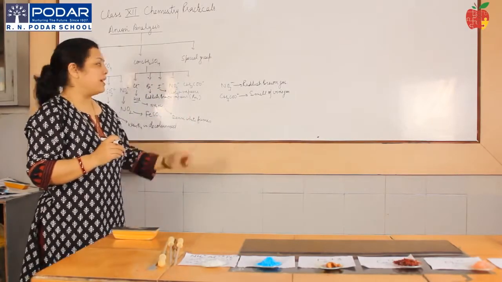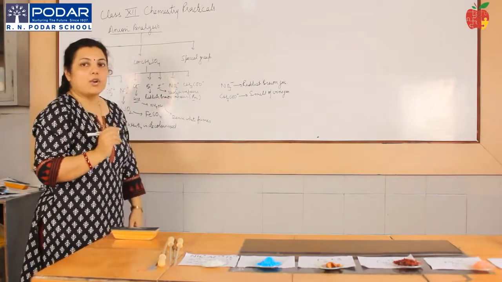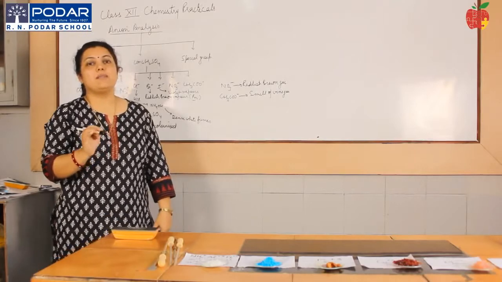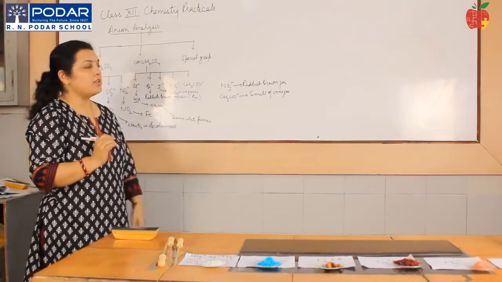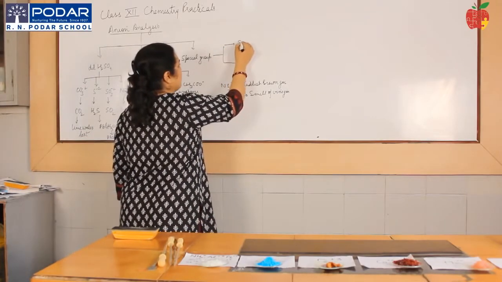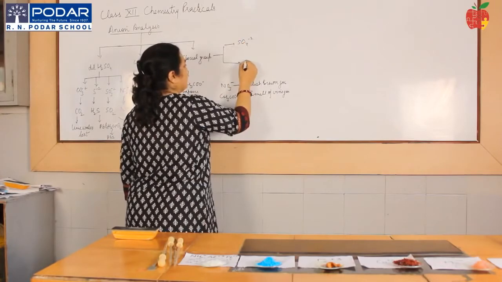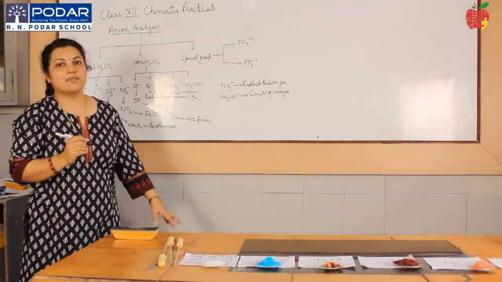Okay, so this is regarding your second group, which is your concentrated sulfuric acid group. Salts which cannot be decomposed easily by your dilute H2SO4 or concentrated H2SO4 are present in your special group. In your special group, you have two anions, which are sulfate and phosphate. There are no special or preliminary tests for these two.